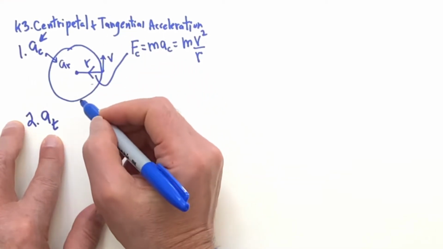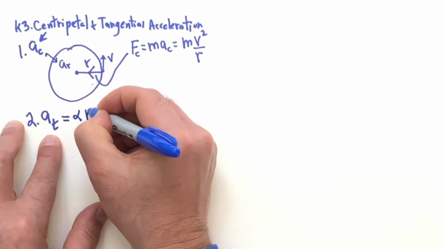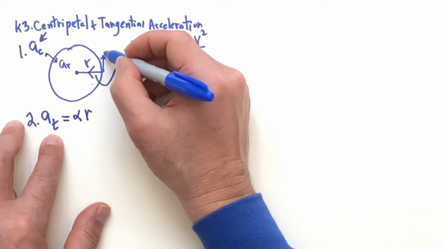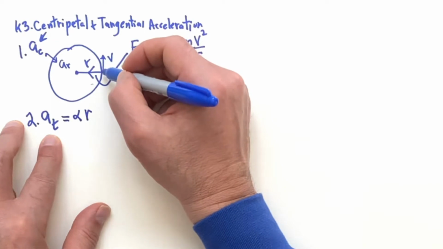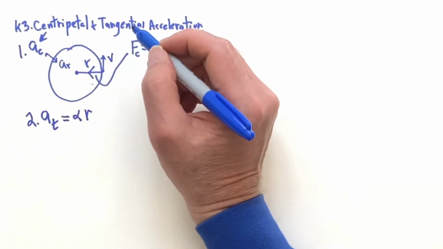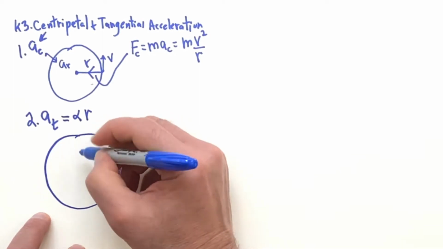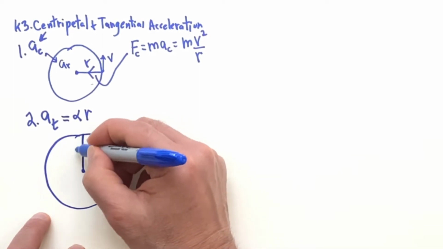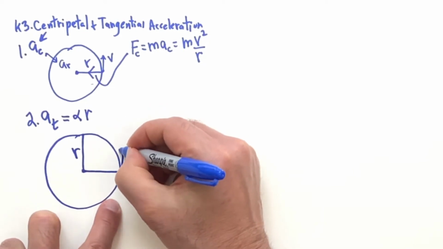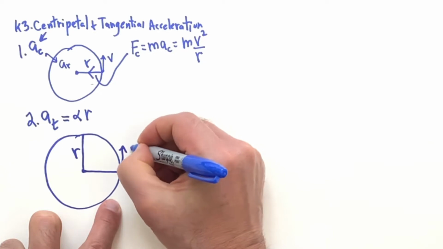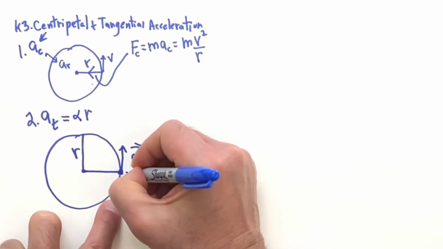And AT is the tangential acceleration, and that's equal to alpha times r. That's the acceleration that's tangent to the circular path. So if we draw another picture here, where this is the radius r, we can draw a vector going up for the tangential acceleration, some mass here.